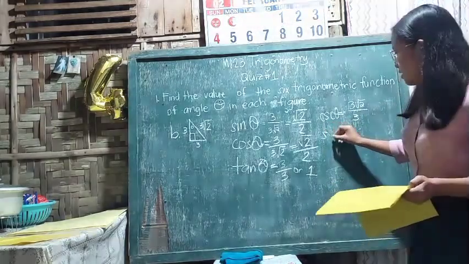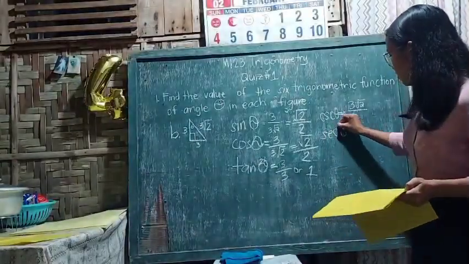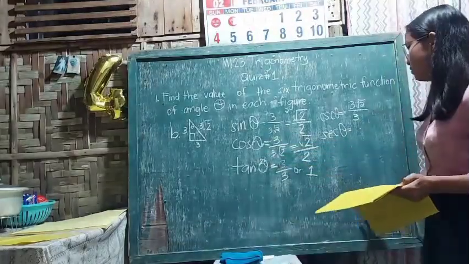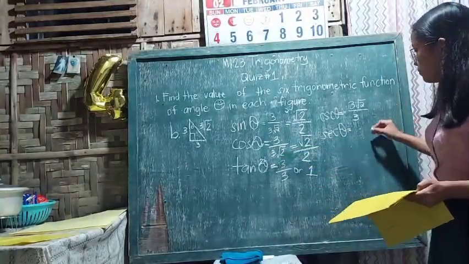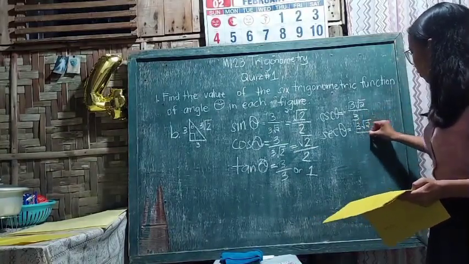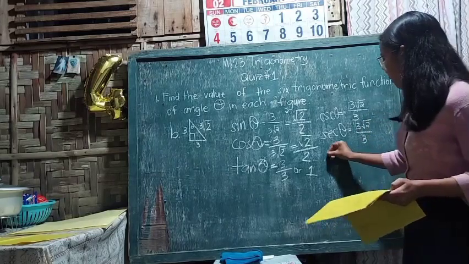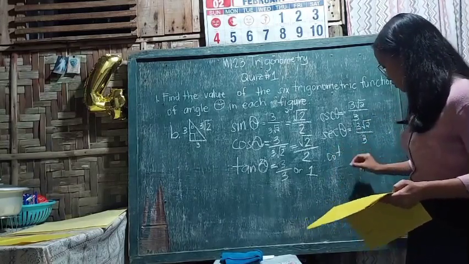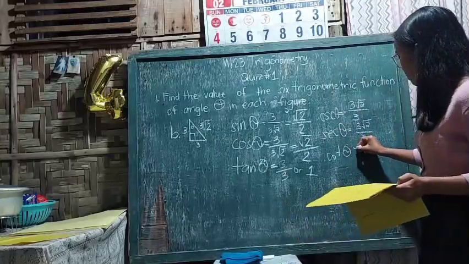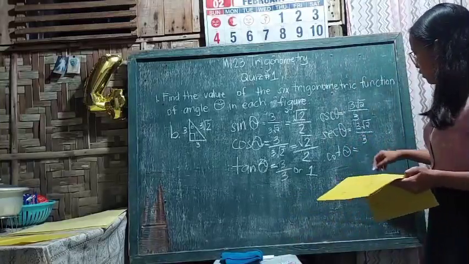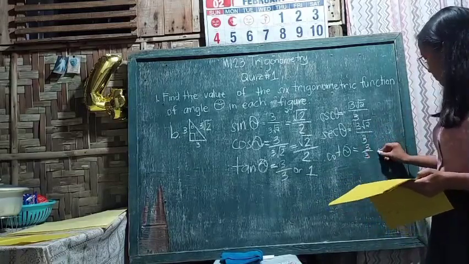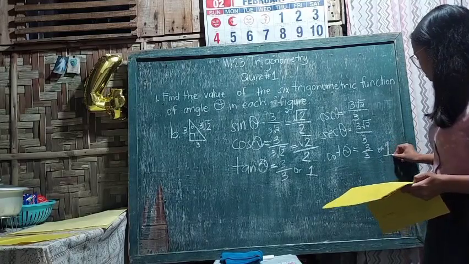Same goes for the secant, which is the reciprocal of our cosine. And it would become 3 square root of 2 over 3. Now for cotangent, it would still be 3 over 3 or 1.